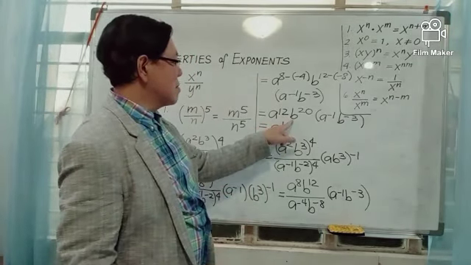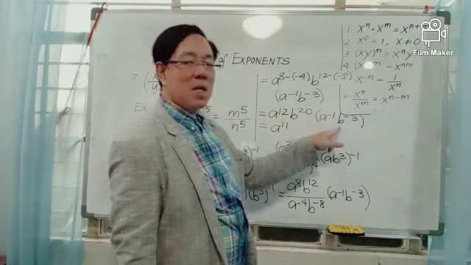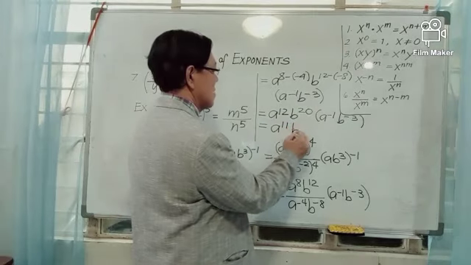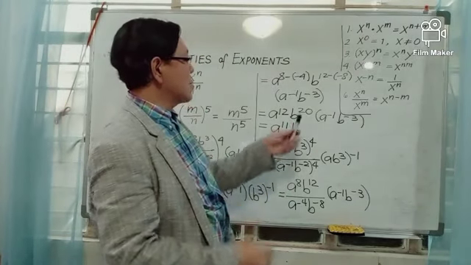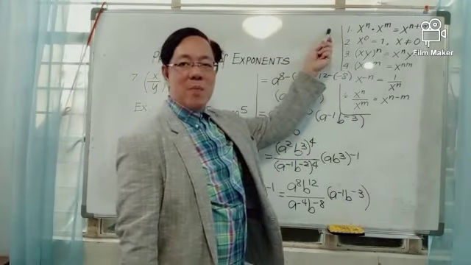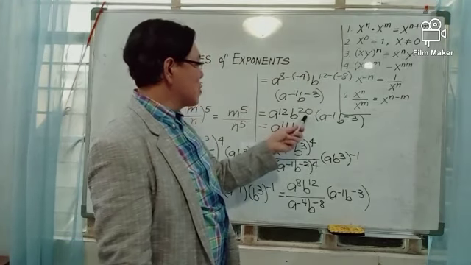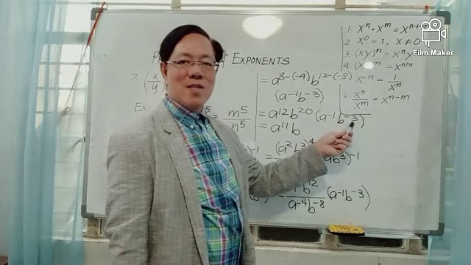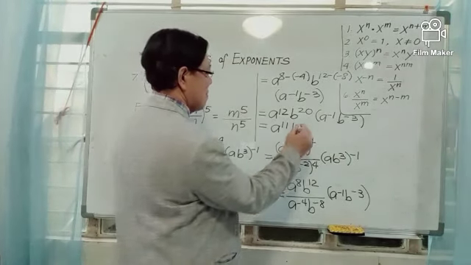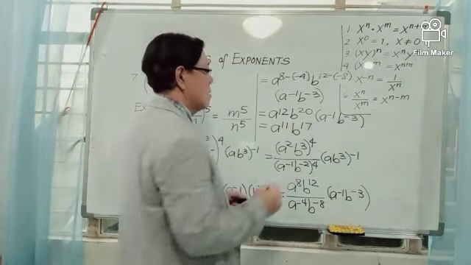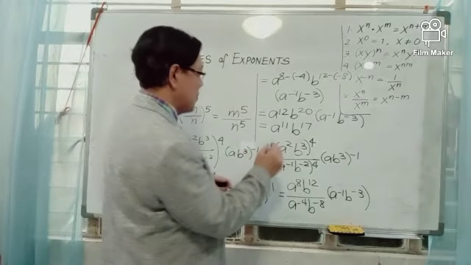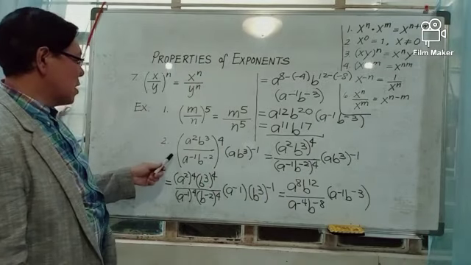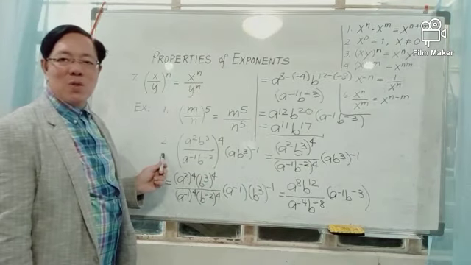And combine the factors with common base b. Copy the common base and add the exponents by the first property of exponent: 20 plus negative 3, or 20 minus 3, is 17. And this is the simplified form of the given expression in example 2.